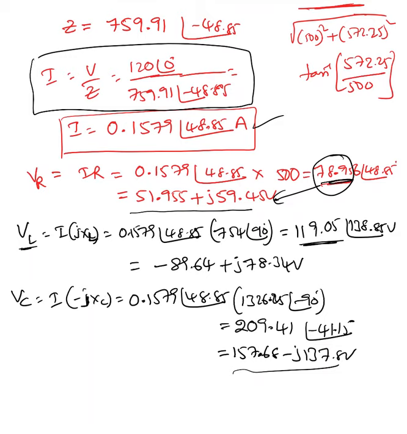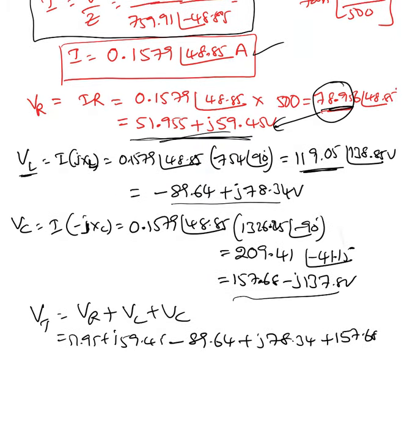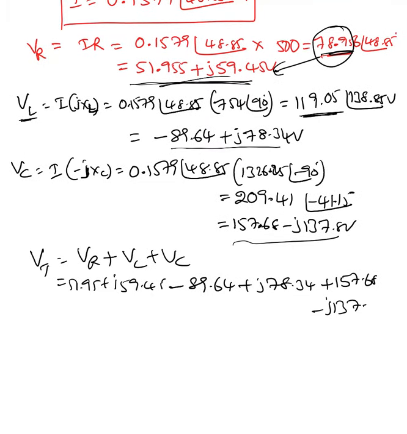So when we do the KVL equation, we have to do the vector sum. V total equals VR plus VL plus VC. VR is 51.95 plus j 59.45, VL is minus 89.64 plus j 78.34, and VC is 157.68 minus j 137.8.